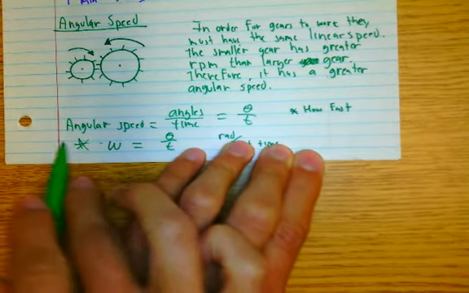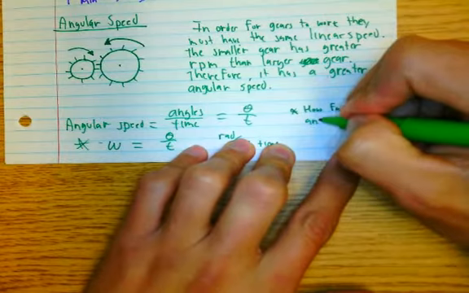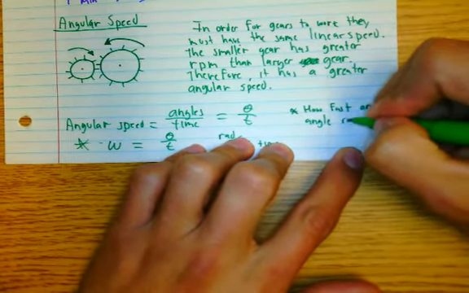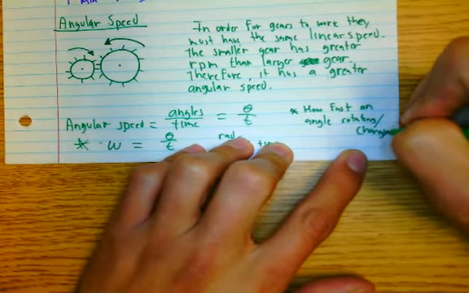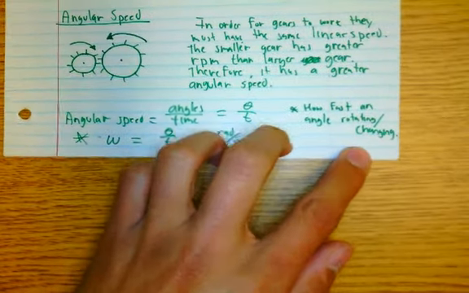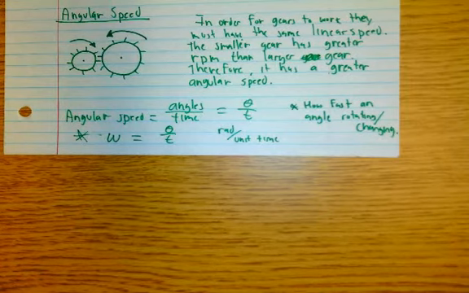Rotating or changing. Alright. Angular speed is how fast an angle is changing. Do you guys see how in the small gear, your angle's changing a lot faster than on the larger gear? Cool? Alright. Do we all have this down before I move on?